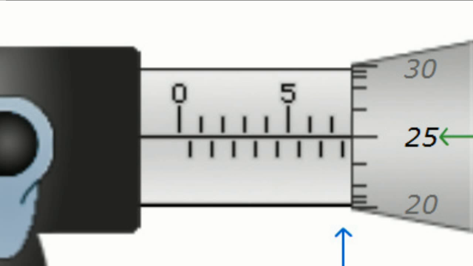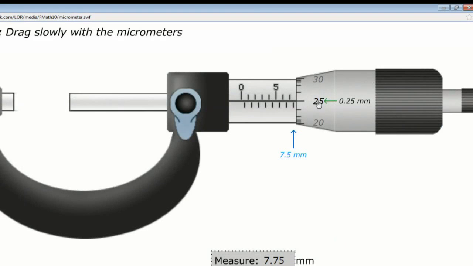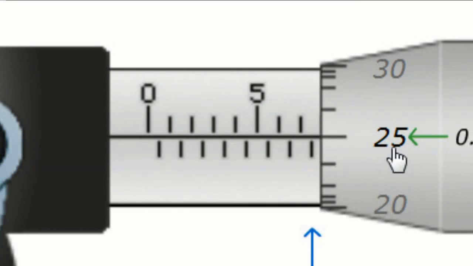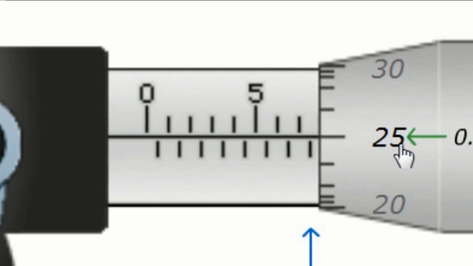The second scale is the one that here is right here with the green line next to it. When you see this 25, it's going to be 25 after this. So if this is 5, this is 5.5, this is 6, this is 6.5, this is 7, this is 7.5, and then we're adding another 25 onto it.